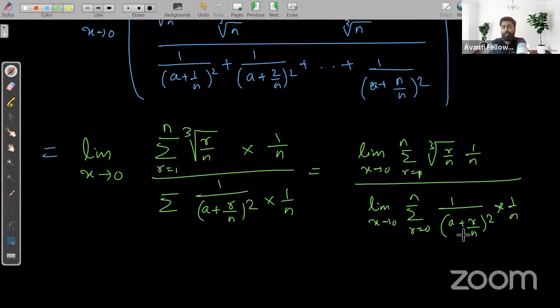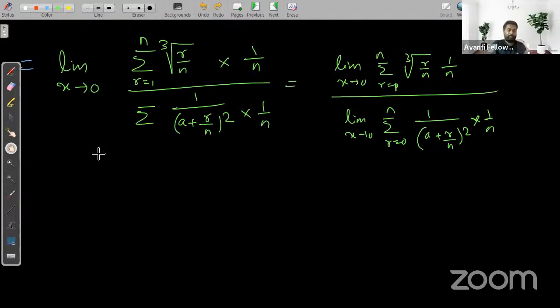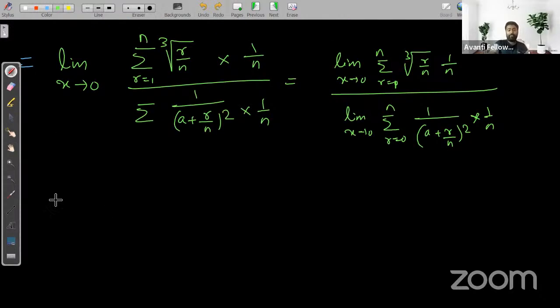So now we can use the shortcut of the limit of a sum. Instead of summation we can directly use integration, and integration from 0 to 1.